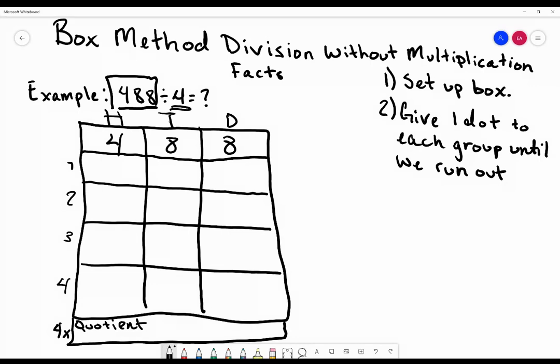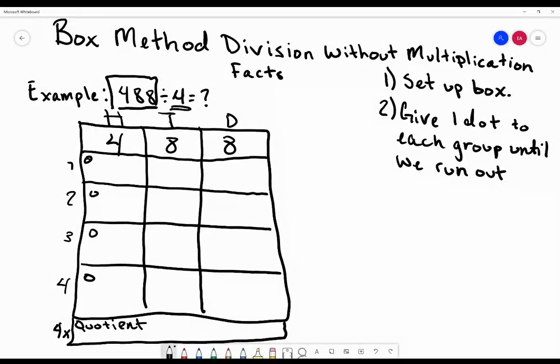So we are going to give away 1 dot at a time to each group until we run out. So we have 4 dots to give away to our 4 groups. So let's go ahead and get started. So we have 1, 2, 3, 4. And now we are out of dots to give away.